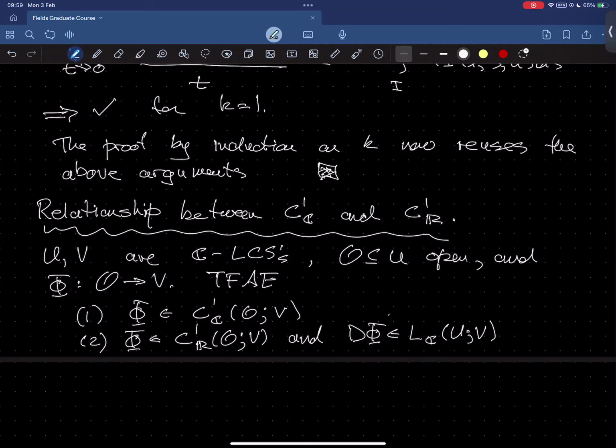This is d phi at x, and this is true for every x in O. All right, so in other words, and I don't mean 1 here, I mean k. It's not very interesting when k is equal to 1. This is true for arbitrary k.